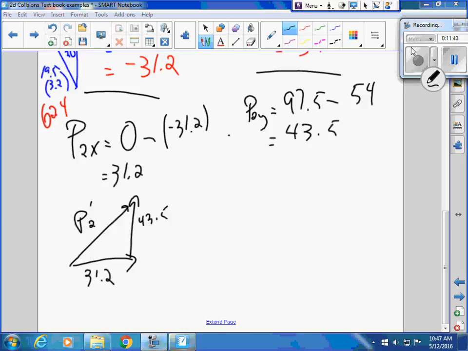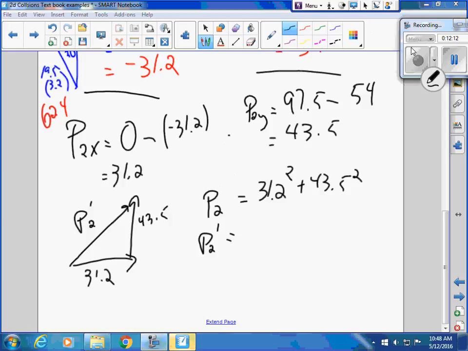So P2 prime squared is 31.2 squared plus 43.5 squared. P2 prime is going to be... Okay, Nate.